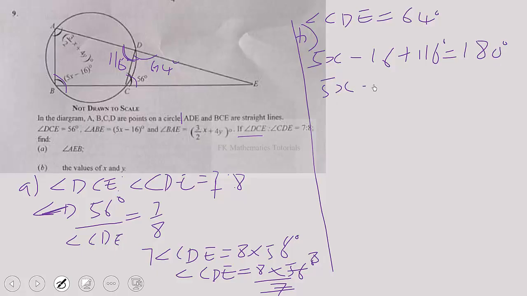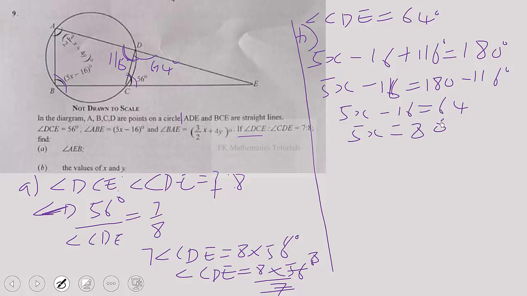So 5x minus 16 will be equal to 180 minus 116, so 5x minus 16 will be equal to 64. So 5x will be equal to 64 plus 16, which is 80. So x will be equal to 80 over 5, which is 16 degrees. X equals 16.